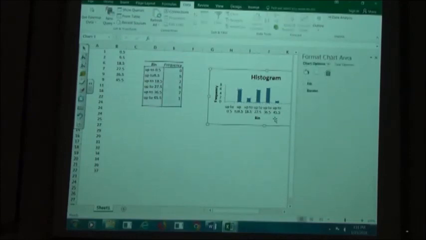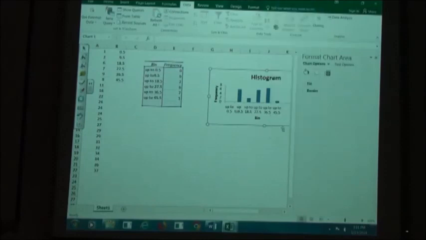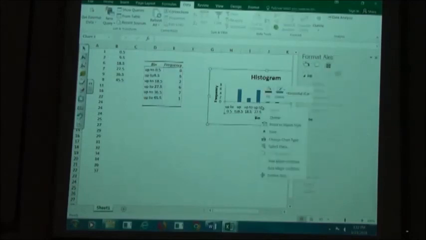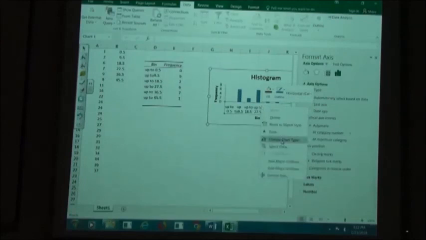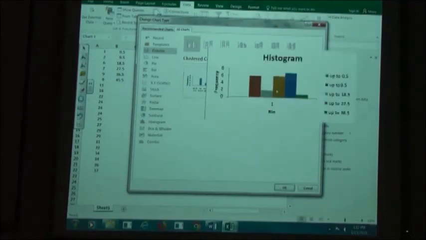If you want that to look more like a histogram, if you right-click and go to, where was that at? I just clicked on it, and now I don't have what I want. Oh, maybe because I was on that already. All right. Chart type? No, I don't want to change my chart type.